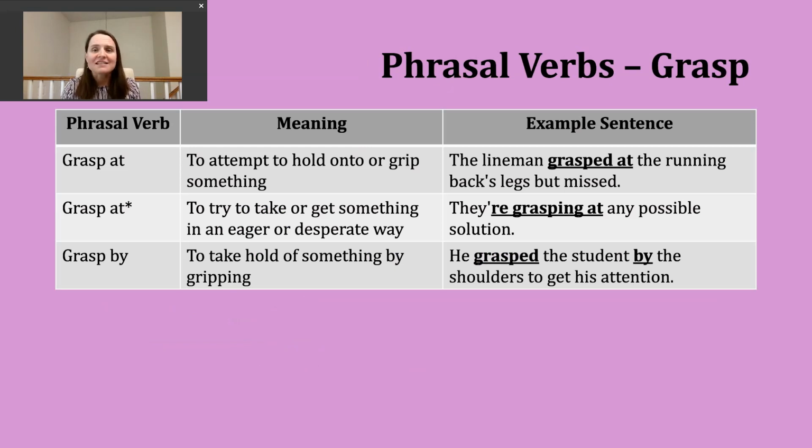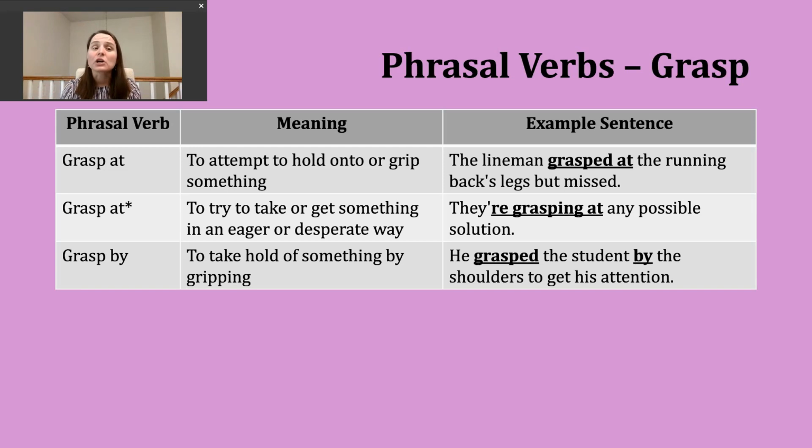An example of this: I saw a sentence like this describing a particular play in American football. The lineman grasped at the running back's legs but missed. Right? So we can imagine somebody trying to hold or grasp at this other player's legs.